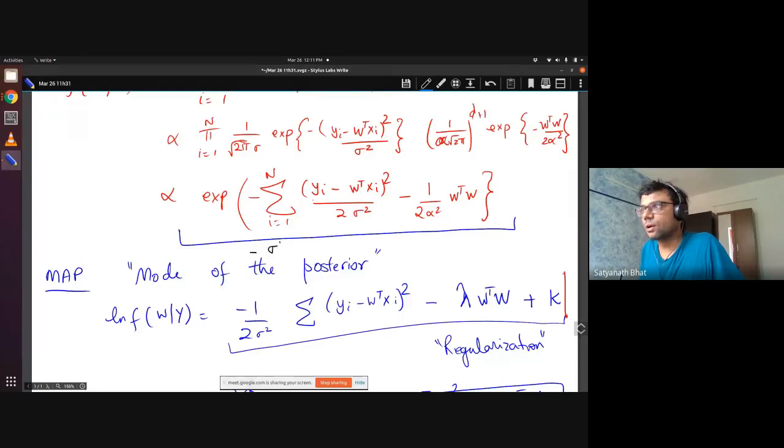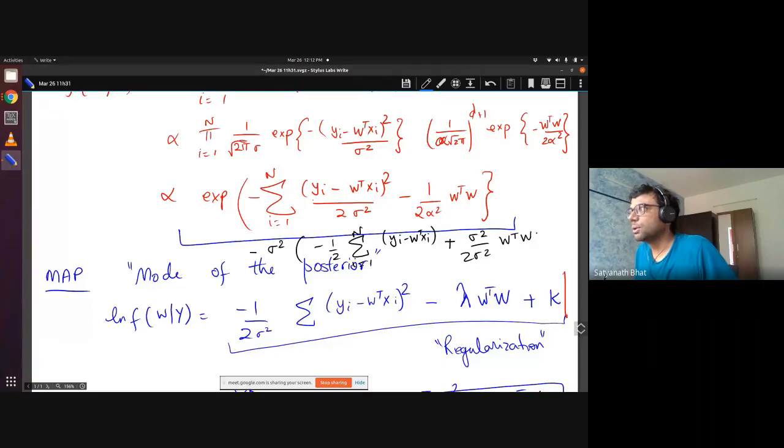So you take alpha squared common, then you'll have negative half summation i equal to 1 to n of (yi minus w transpose xi) squared, plus sigma squared by 2 alpha squared times w transpose w, then plus some constant k. Now when we are trying to minimize, this constant doesn't matter, so this goes away. And this lambda is sigma squared by 2 alpha squared.